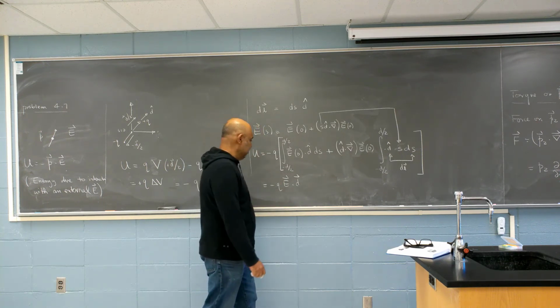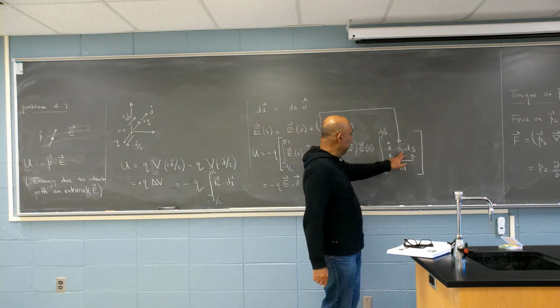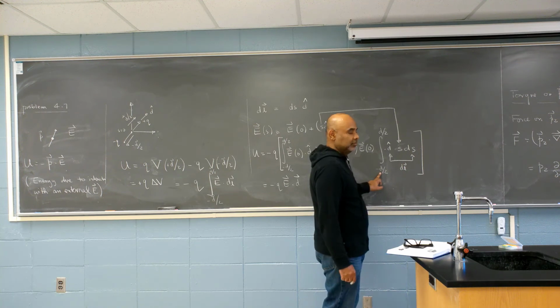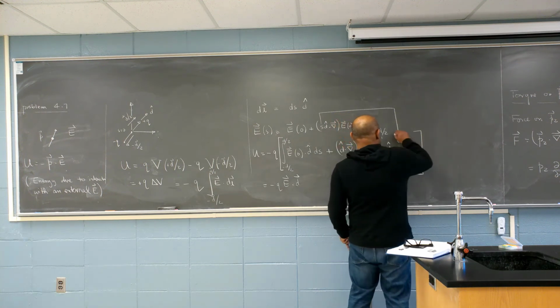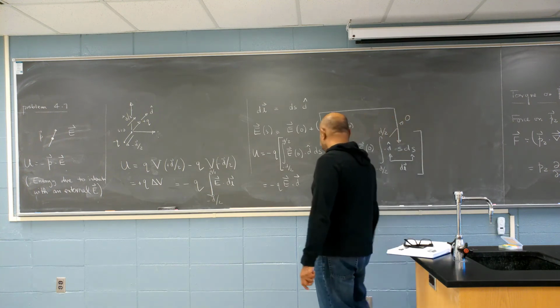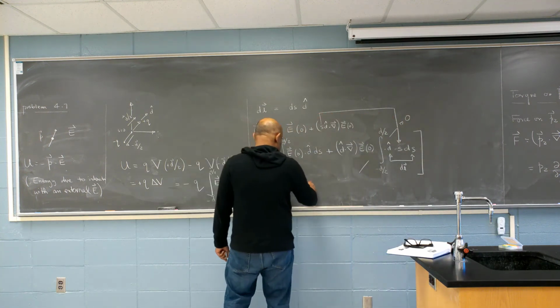This is s squared over 2, d squared. And Q times d is the dipole moment.